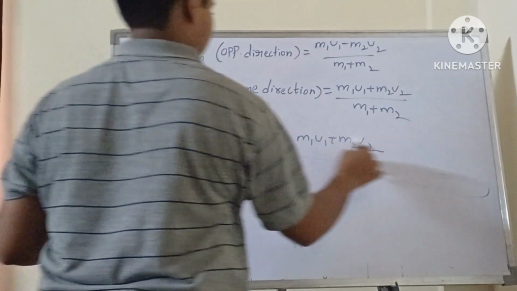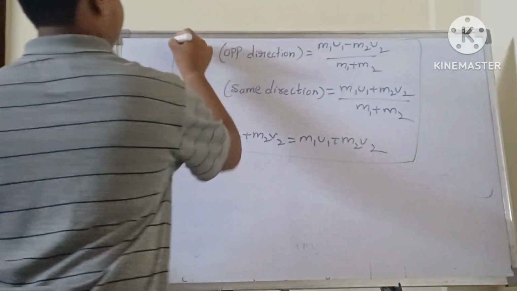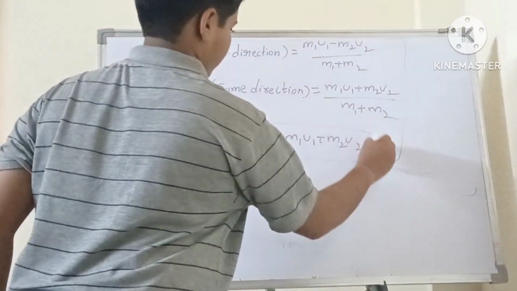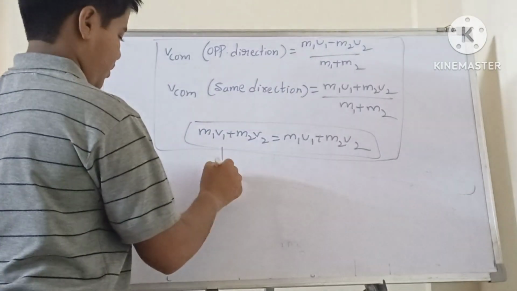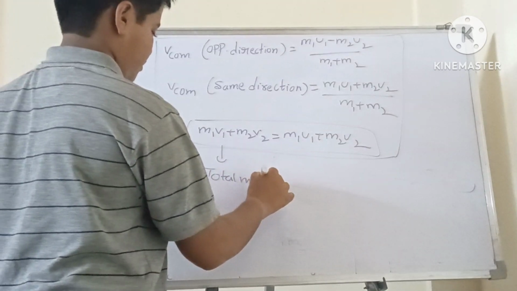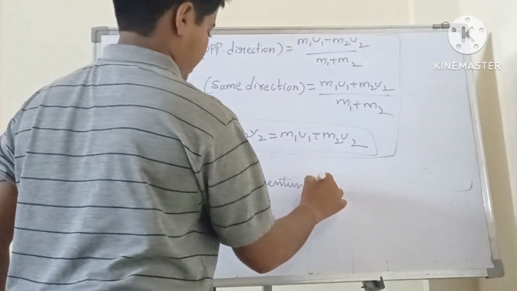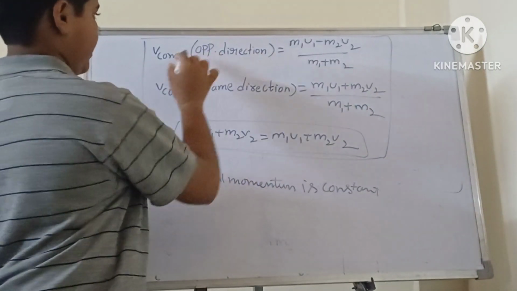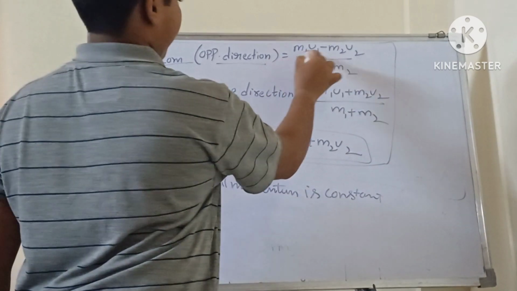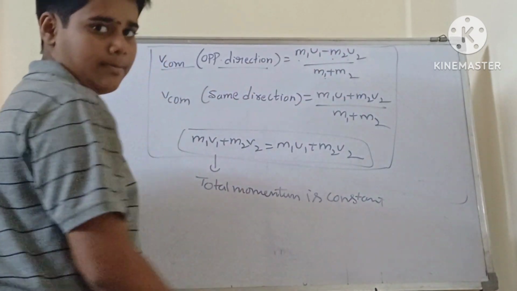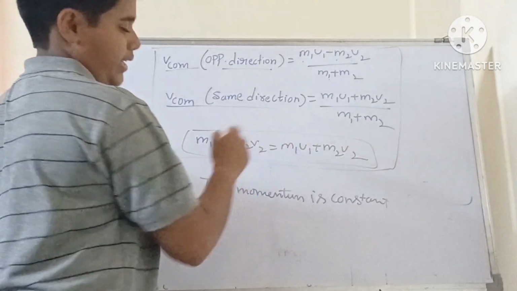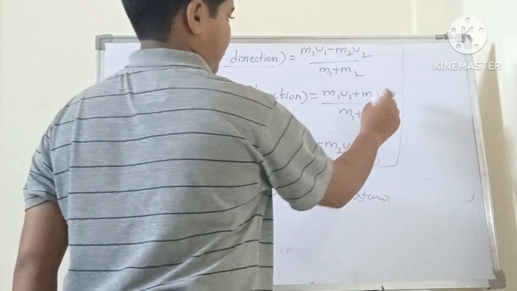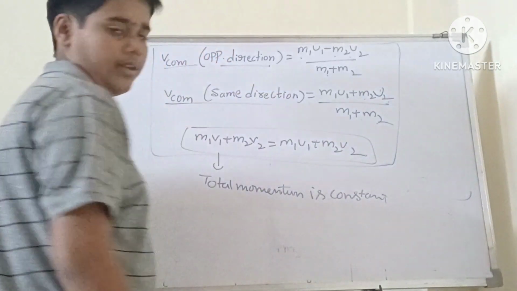So these are the important formulas. So this is the total momentum constant formula, and vcom in the opposite direction means m1 u1 minus m2 u2 by m1 plus m2. vcom in the same direction means m1 u1 plus m2 u2 by m1 plus m2. Okay.